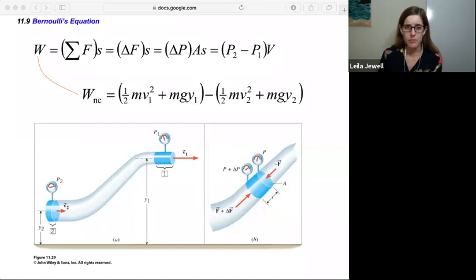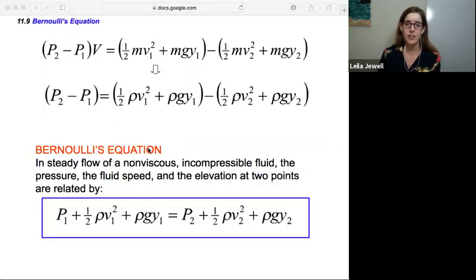And so you could calculate the work done and relate that work to the change in pressure times the volume, but we also know the work is equal to the change in mechanical energy, the work done by non-conservative force. Turns out the work done by the difference in pressure is a non-conservative force. So we have this conservation of energy that pops up in here, where ultimately we can show that the difference in pressure, P2 minus P1, is equal to the quantities of point 1 minus the quantities of point 2.